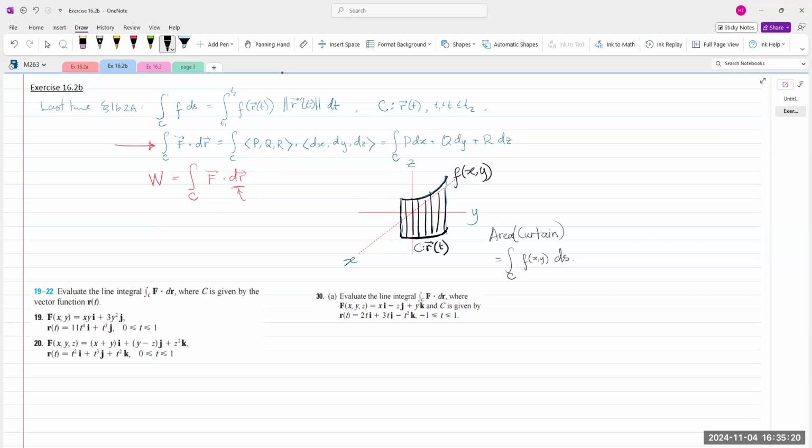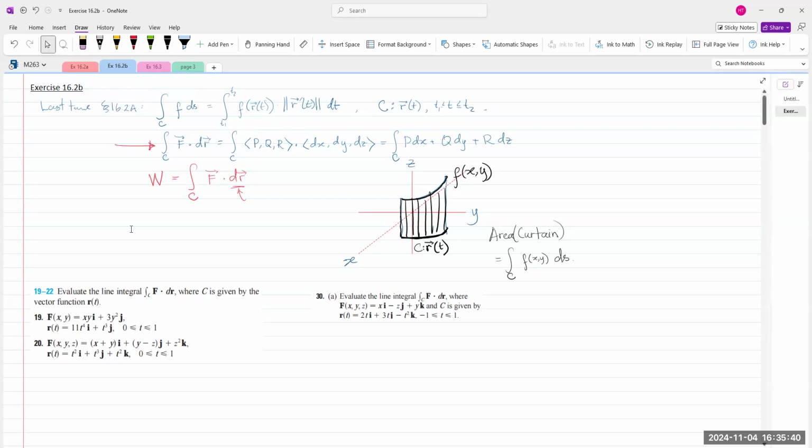So that also gives us the integral that we learned last time, and that gives us the lateral area of the curtain. Anyway, that's some early review.